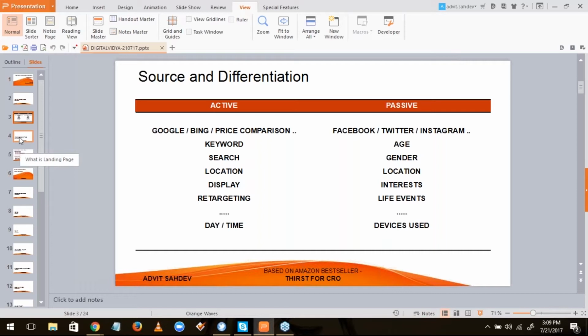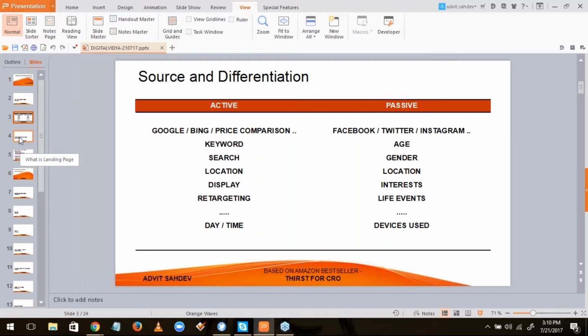Now, let me take another example. If you look at gender, for example, if I know that the person who's coming to my web page is a female, I can show a different version of the page as compared to a person who's a male, right? If I know that the location of the person is, say for example, Delhi as compared to Mumbai, I can show a different version of a landing page as compared to the second user.